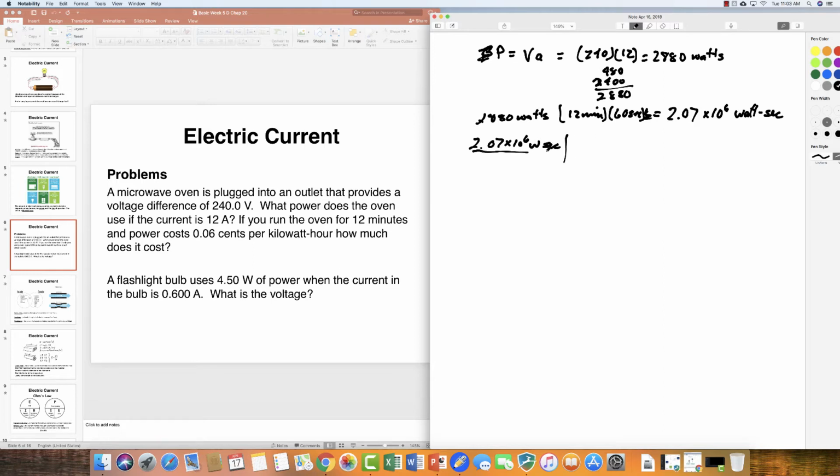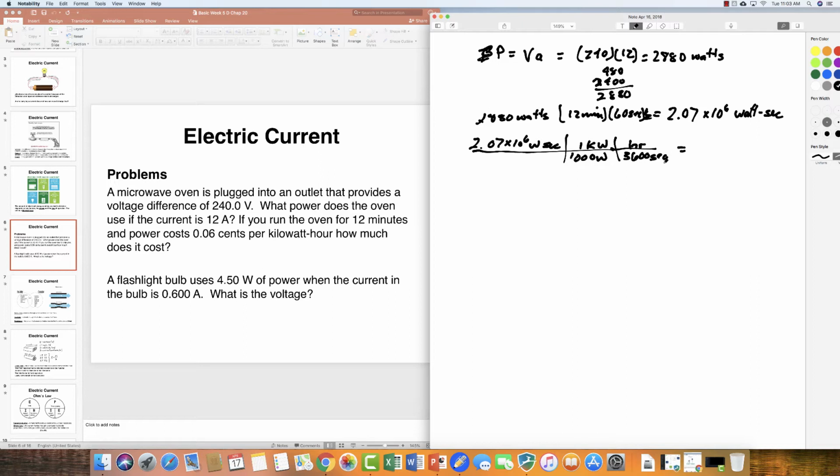times, there are 1,000 watts in a kilowatt, and there are 3,600 seconds in an hour. That's 60 seconds per minute times 60 minutes in an hour.